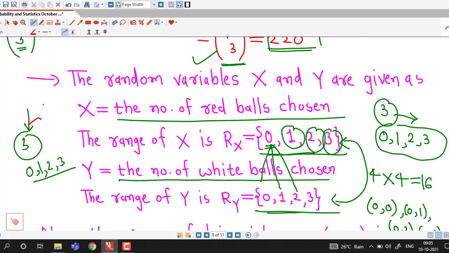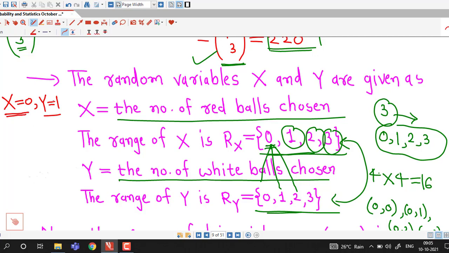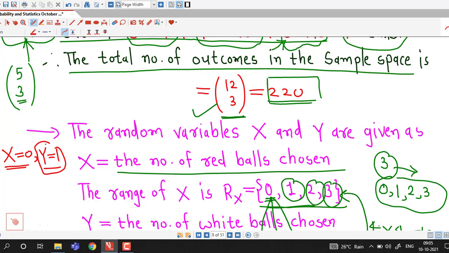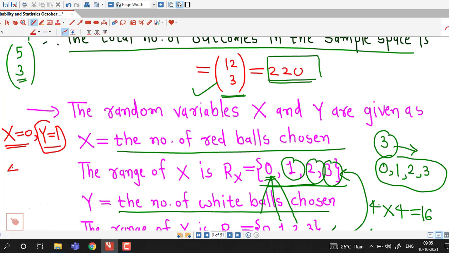Ordered pair (0, 1) means capital X takes the value 0 and capital Y takes the value 1. So out of the 3 selected balls there is no red ball and there is one white ball. There are total 4 white balls, so we can select one white ball out of 4 white balls in 4C1 ways, and the remaining 2 balls must be blue because there is no red ball and there is only one white ball.